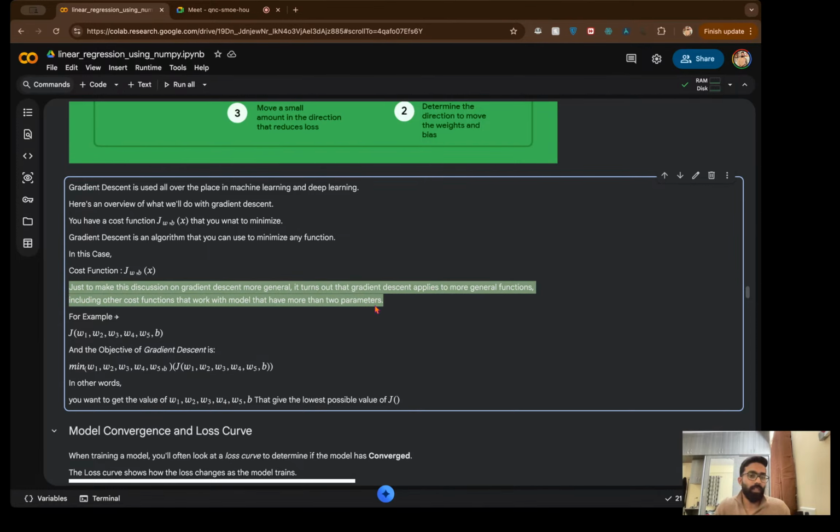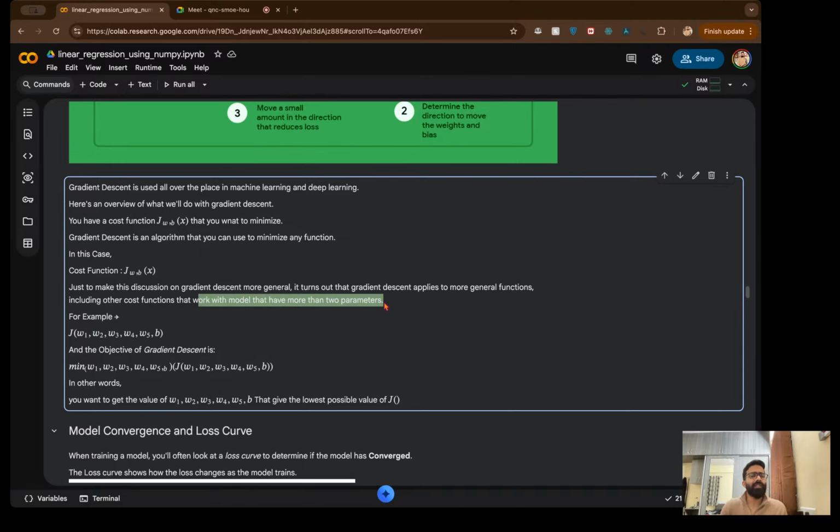What I am trying to say is, here we have only 2 parameters, W and B, that we want. But this gradient descent algorithm is so good that it will be able to perform the minimization of a function which has more than 2 parameters. It will work with that model as well.